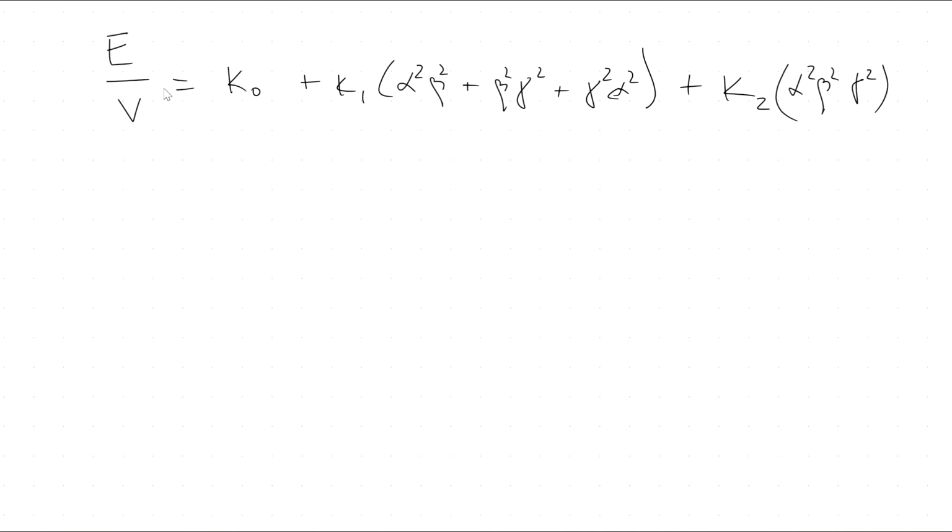Okay, so we can express this energy in terms of certain constants, k0, k1, k2, and these alphas. So Ki are our anisotropy constants.